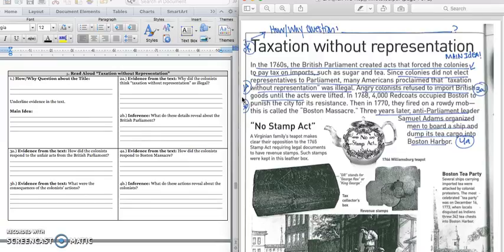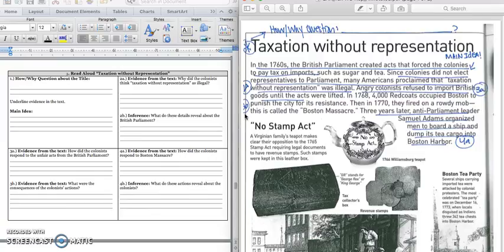In 1768, 4,000 redcoats occupied Boston to punish the city for its resistance. Then in 1770, they fired on a rowdy mob. This is called the Boston Massacre. 3 years later, anti-Parliament leader Samuel Adams organized men to board a ship and dump its tea cargo into the Boston harbor.